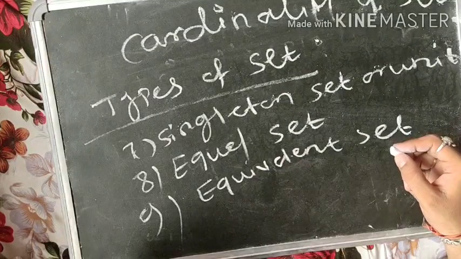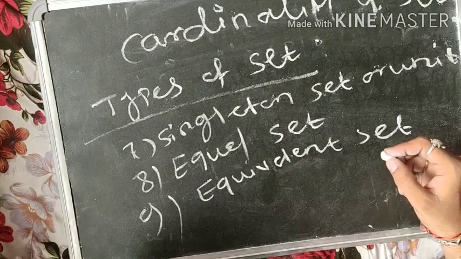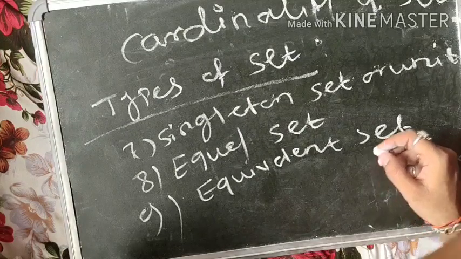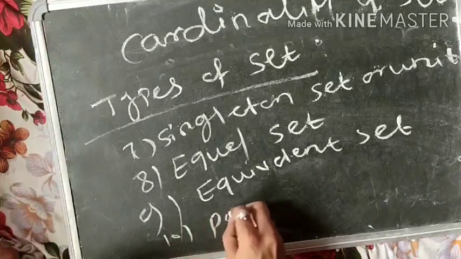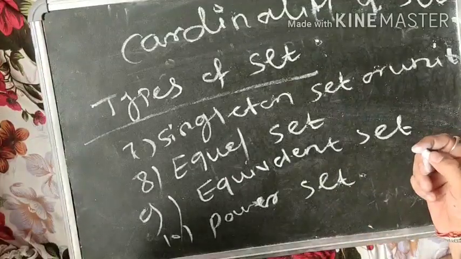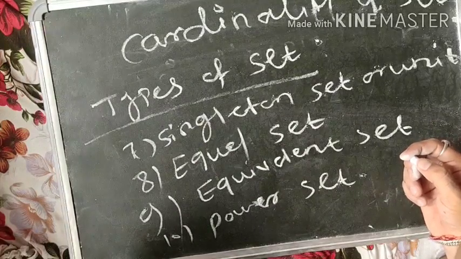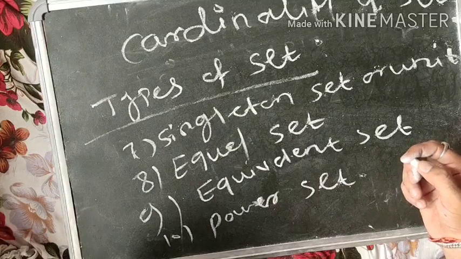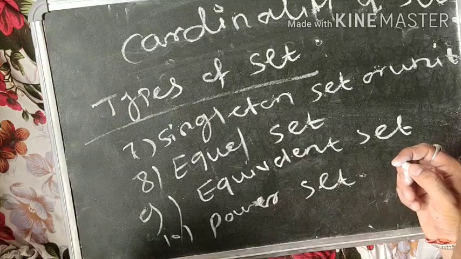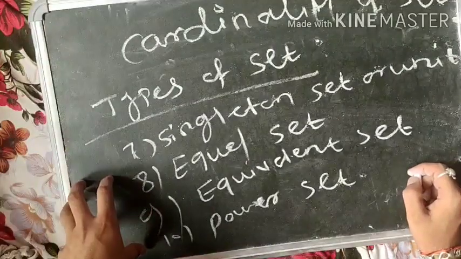Tenth is power set. All these are the basic sets. Next, bounded set, unbounded set, countable set, uncountable set. Today we will understand these basic types of sets.